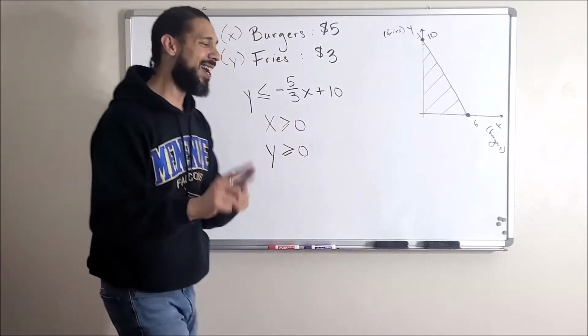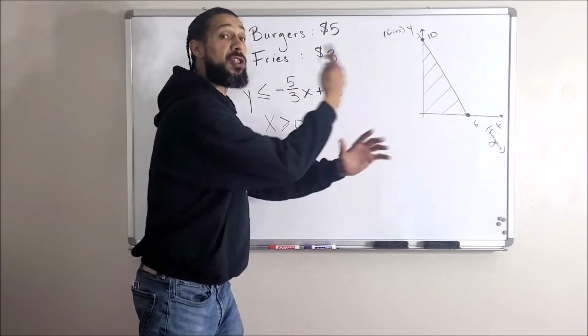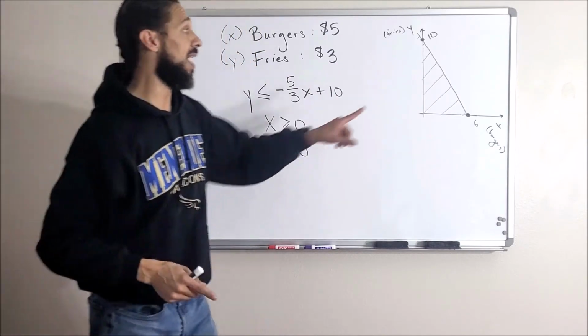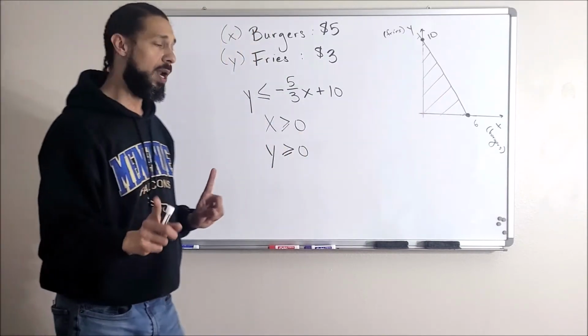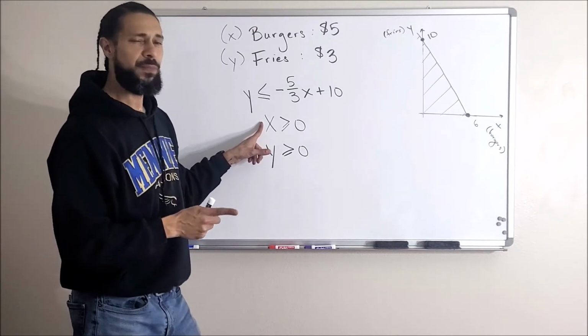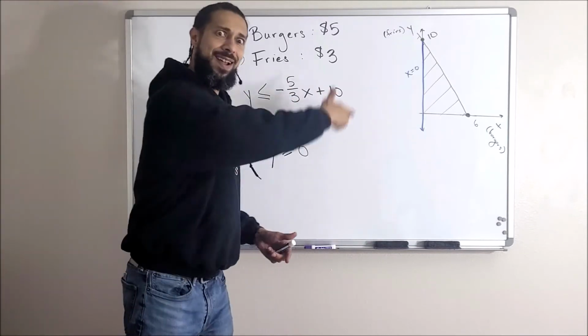Yeah. But for a second, let's talk about these equations here. Remember, in an inequality, we have a solution space, right? So if I'm talking about all of the graph that's below this line, but x has to be greater than 0. Well, wait a minute. Isn't that a line also? The line x equals 0 looks like this. Yeah.